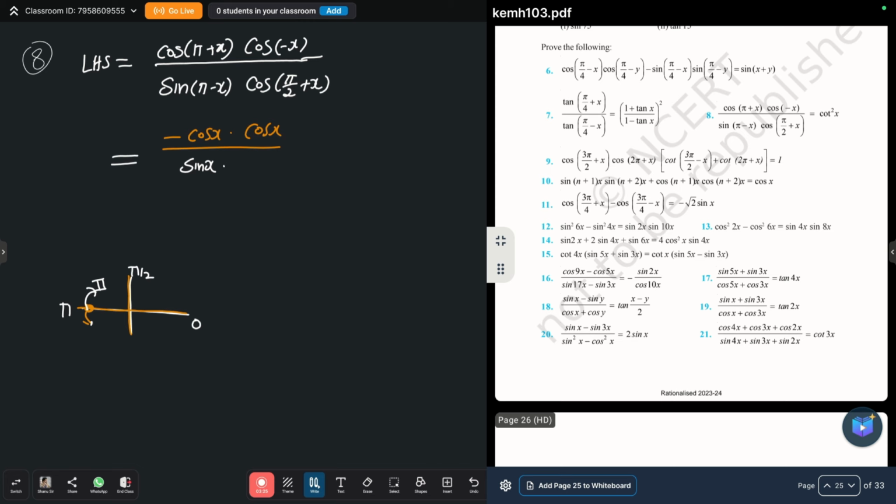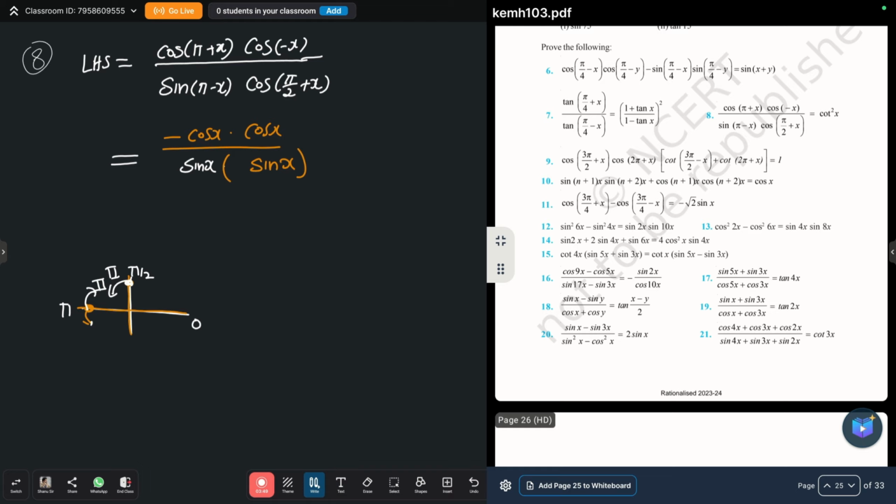Now cos(pi by 2 plus x). Pi by 2 is here, on this vertical line, so the ratio changes. How does the ratio change? Cos into sin, sin into cos. So it will be sin x, but negative or positive? Pi by 2 is exactly here, and plus means anti-clockwise, so move here: second quadrant.